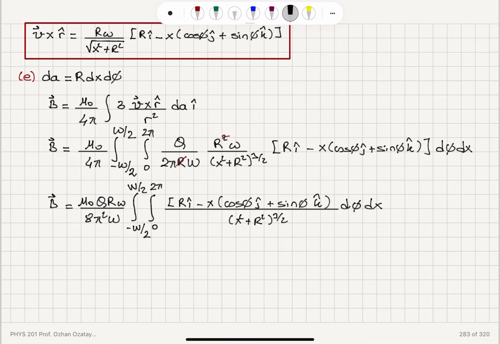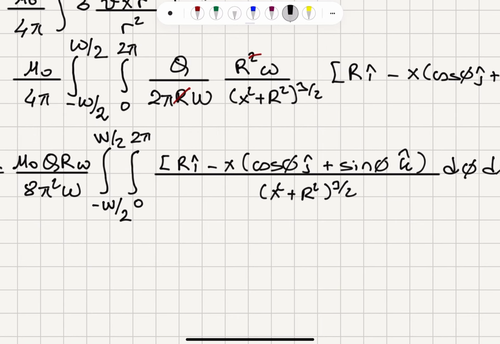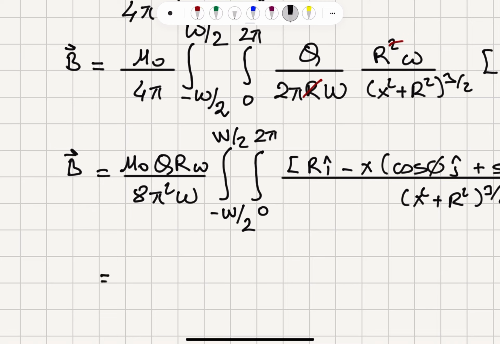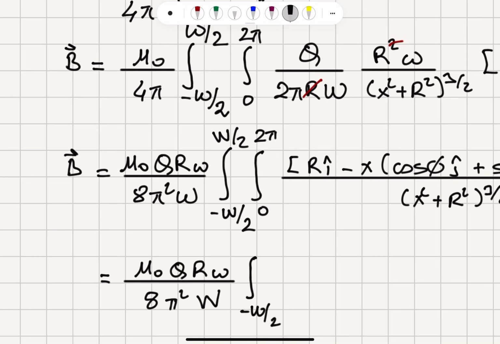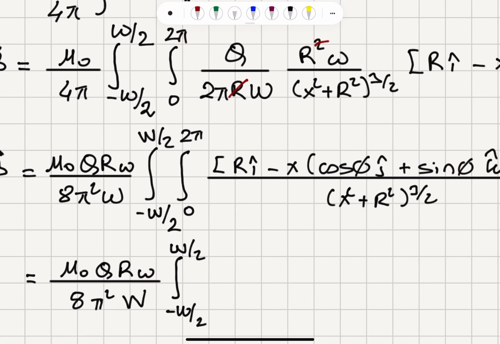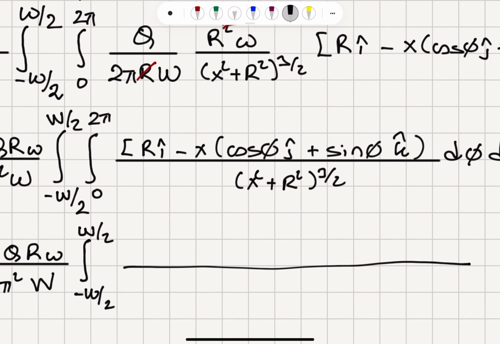And this is going to be mu 0 Q capital R omega divided by 8 pi squared w. If I do the x integration from minus w over 2 to plus w over 2, the phi integration will give me a 2 pi, so 2 pi capital R i hat.